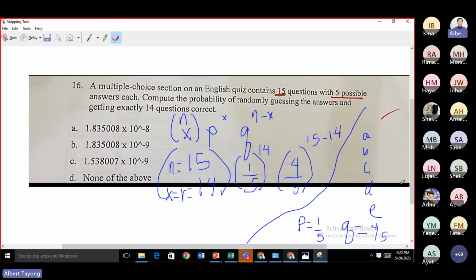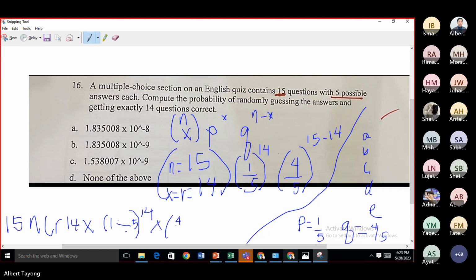So in your calculator, you can type 15, shift nCr, or 15 nCr, and then 14, times 1/5 raised to the power of 14, times 4/5 raised to the power of 1, because you have 15 minus 14.